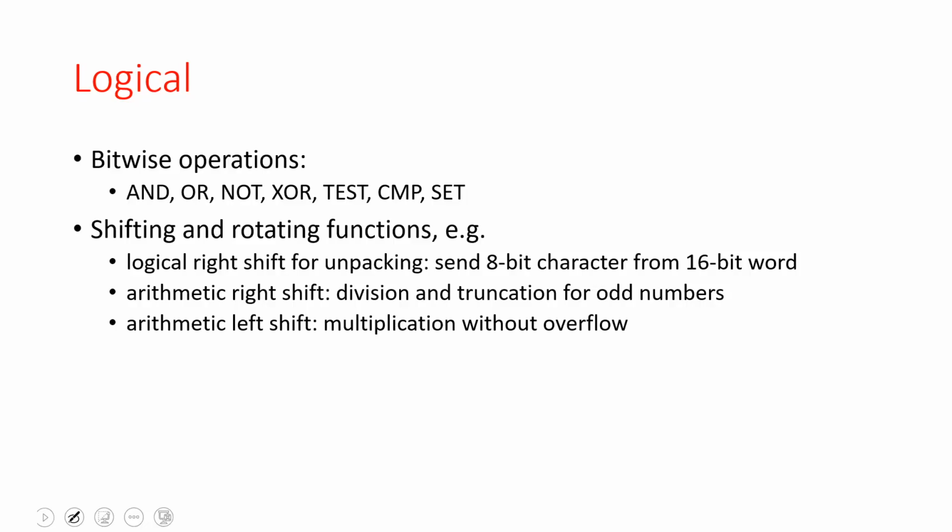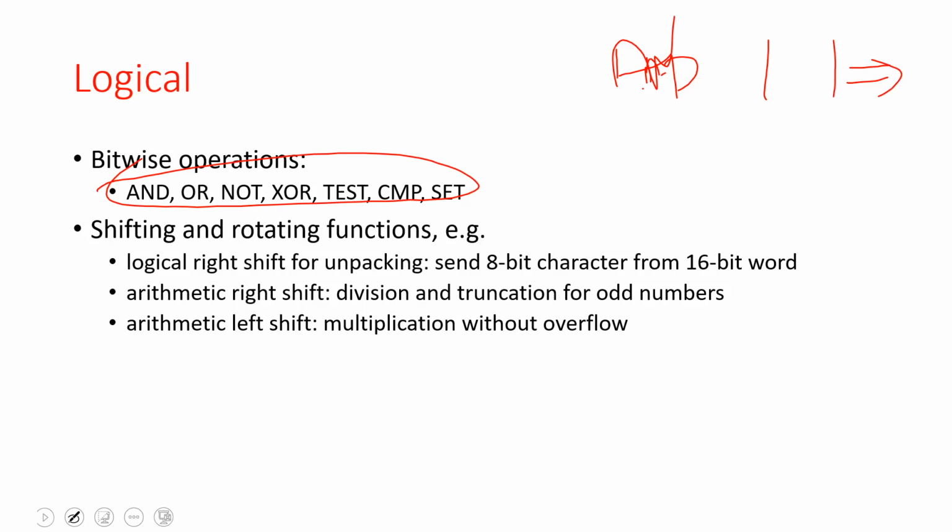Say, for example, if we think about bitwise operations, we can do an AND. So what we will have is 1, 1, and we do an AND, and then we get the result there. Or we do an OR and get a result there. So these are bitwise operations.